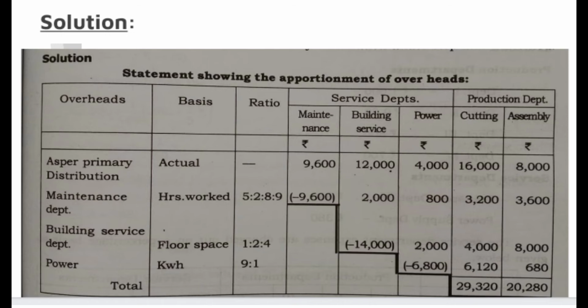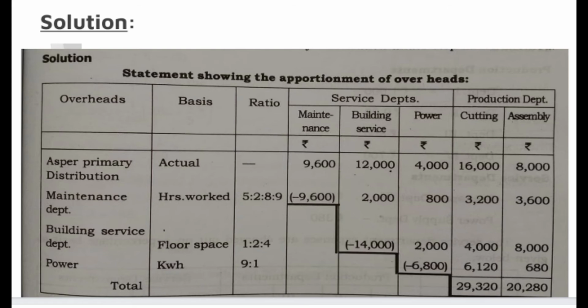And our first item, overhead expenses as per primary distribution. It is already allocated: maintenance department rupees 9600, building service rupees 12000, power 4000, cutting 16000 and assembly 8000.